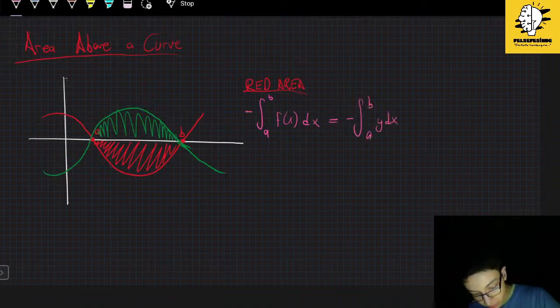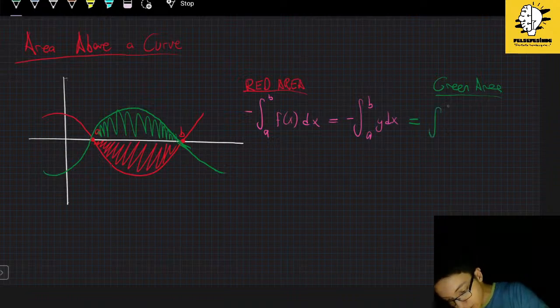Why are we multiplying by a negative sign? Because for the red area it is negative. It is exactly the same as the green area. Therefore this will be equal to the area between b and a of f green(x).